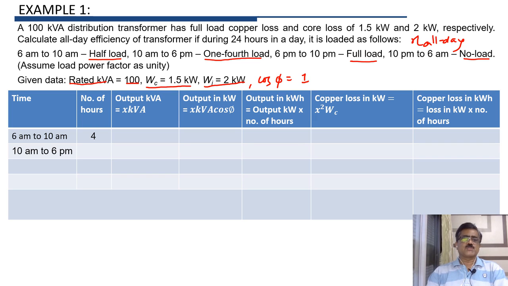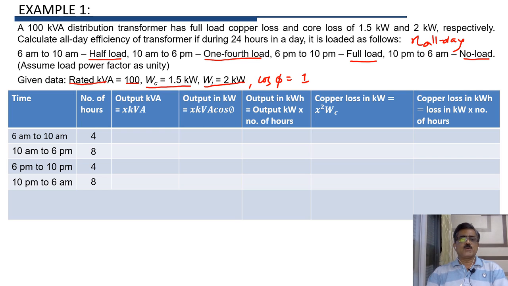Then the next time slot is 10 am to 6 pm, so the number of hours is 8. The third slot is 6 pm to 10 pm, and the number of hours is 4. And the last slot is 10 pm to 6 am, so the number of hours is again 8.